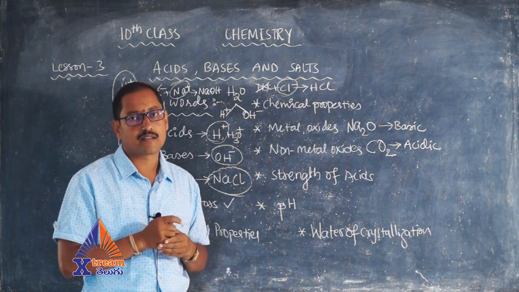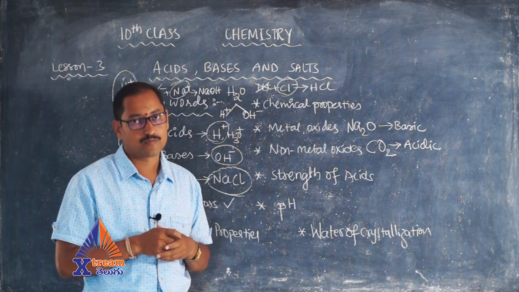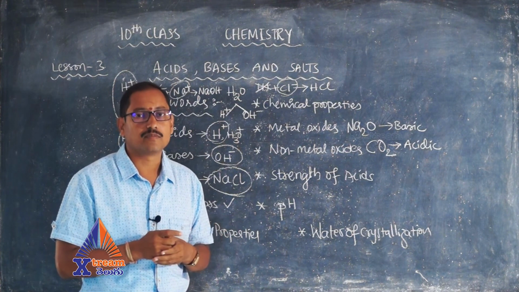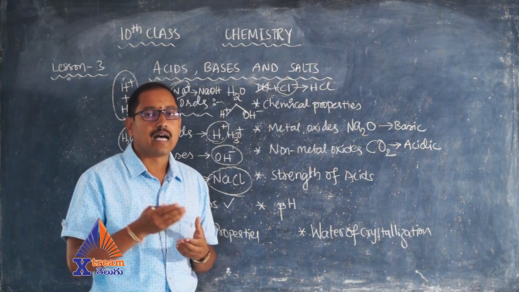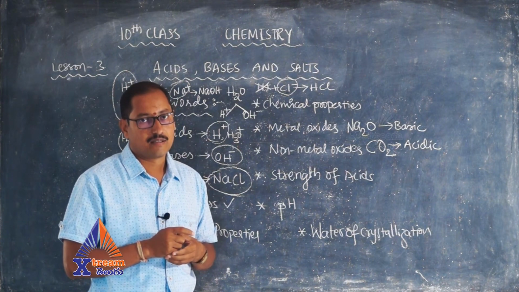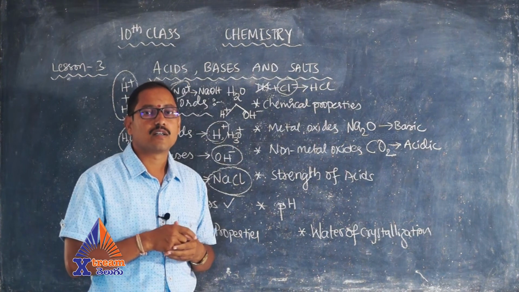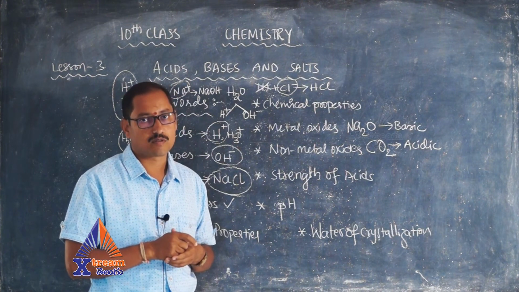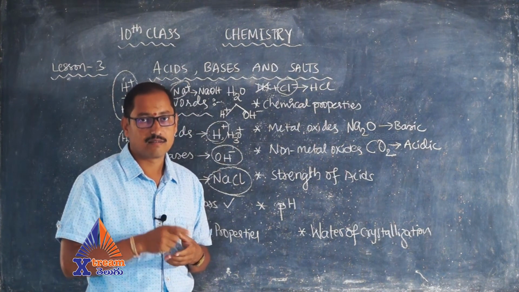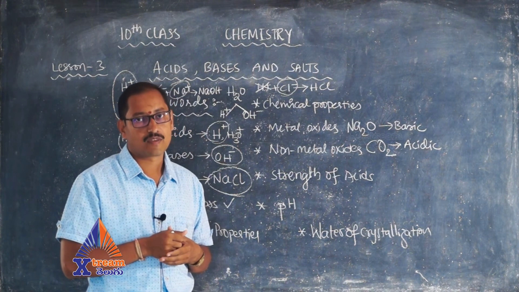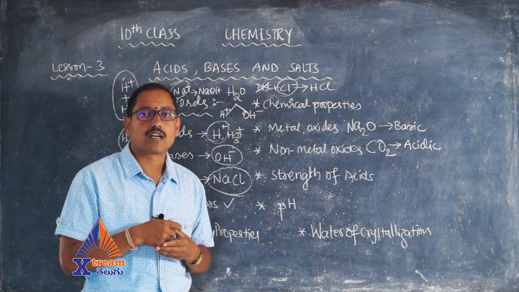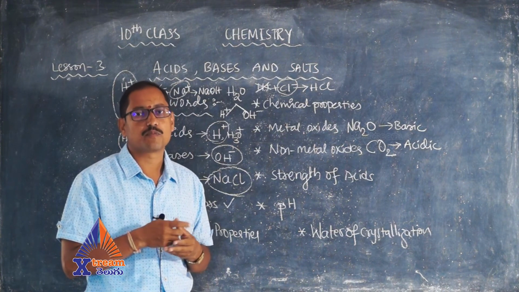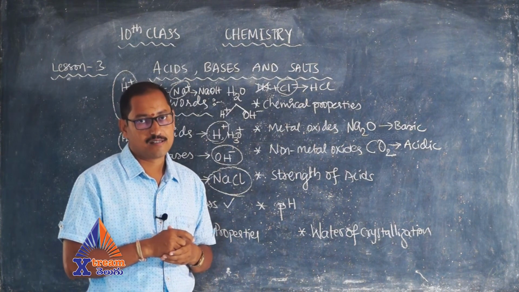Some acids are there which we drink also. We will not get any harm. That is diluted acid or weak acid. For example, acetic acid is a weak acid which we can use for cooking purposes also. For example, citric acid, lemon water. All these things which we can consume are weak acids.